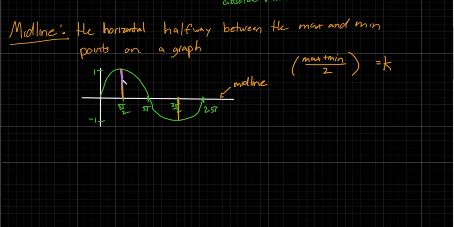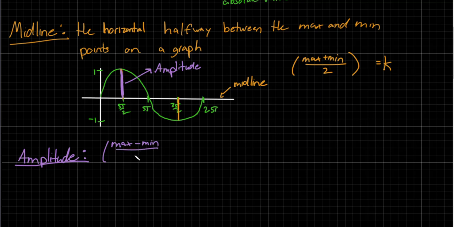Okay, how far this goes up is called the amplitude. Amplitude is the max minus the min divided by 2, which is going to be represented as A in our equations.